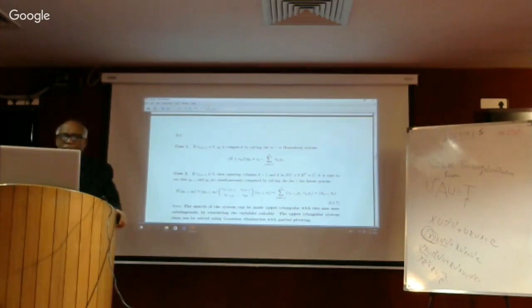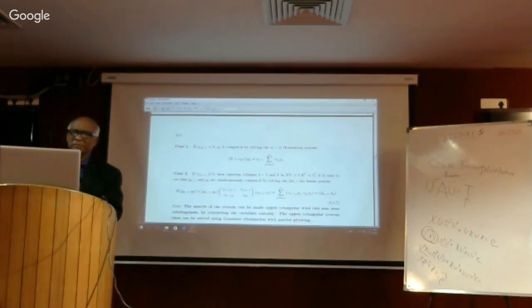And then the other case, case 2, when the subdiagonal entry R k, k minus 1 is different from 0, then we can compute yk and yk minus 1 by solving two systems of linear equations, each system involving a Heisenberg matrix.